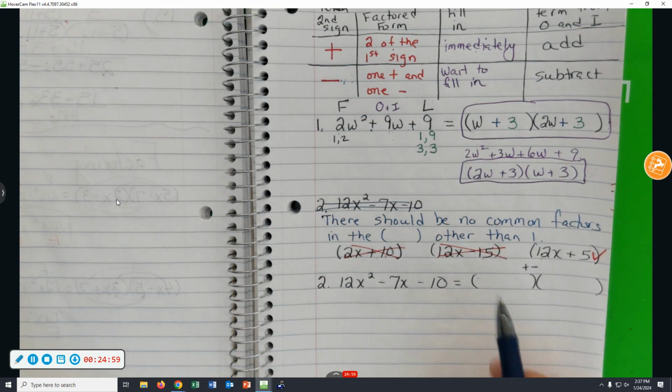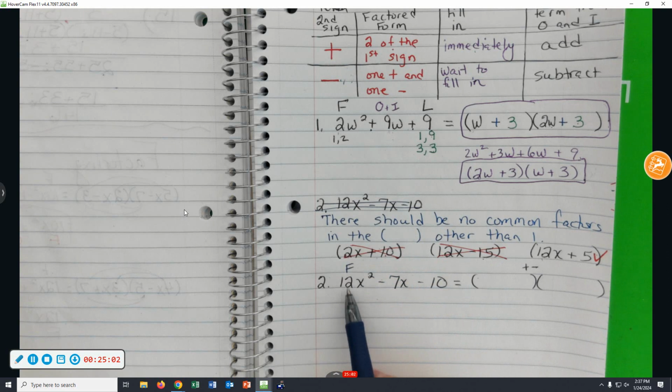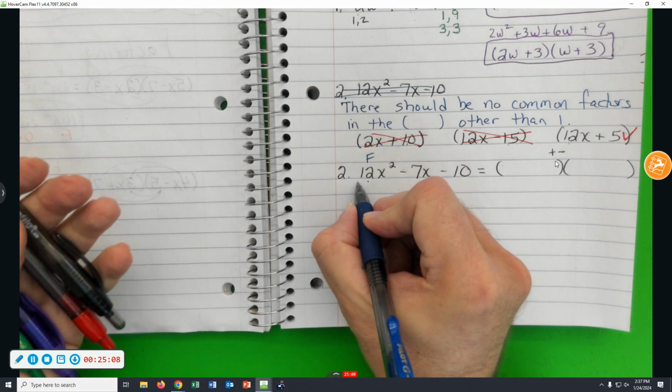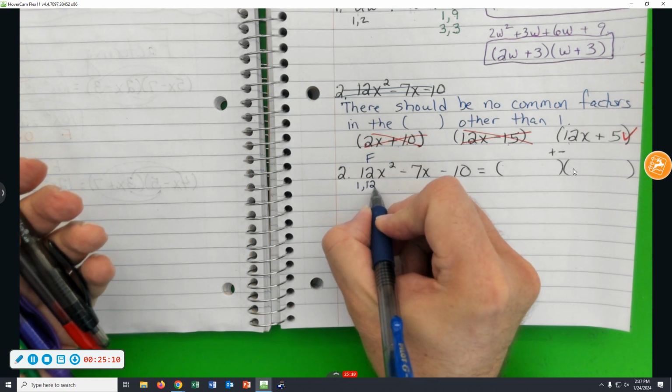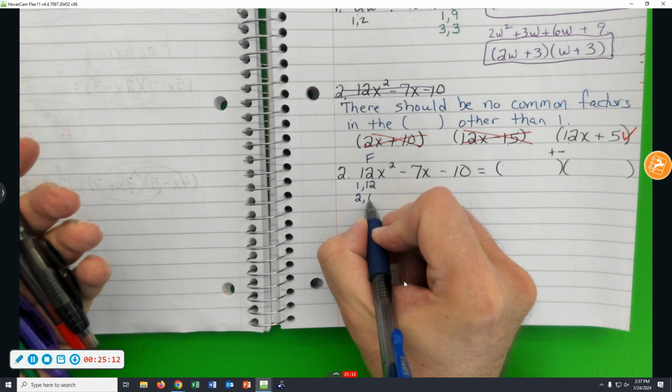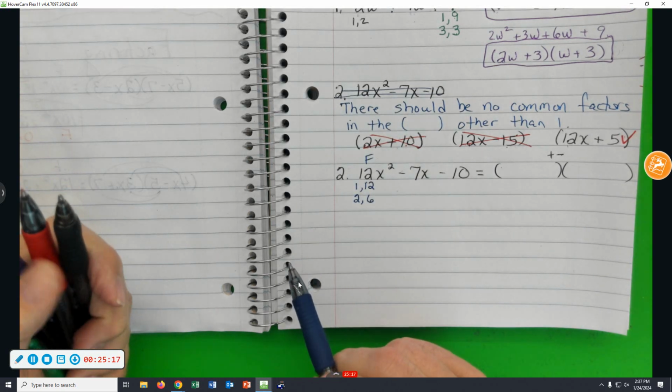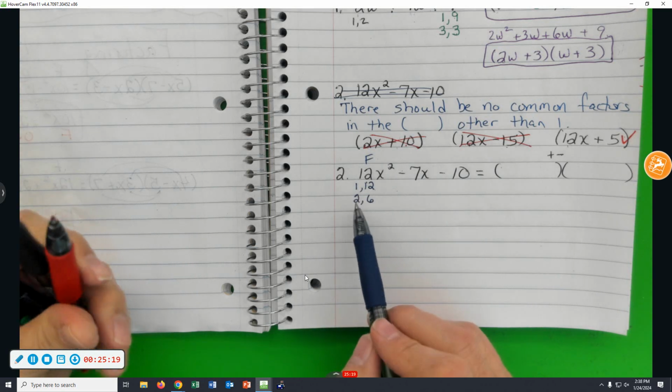I know that the first two terms should multiply to give 12x squared. So what numbers multiply together to give 12? Do you agree there's going to be an x and an x in the first term of each set of parentheses? So the real question is, what multiplies together to give you 12? Well, 1 times 12, 2 times 6.